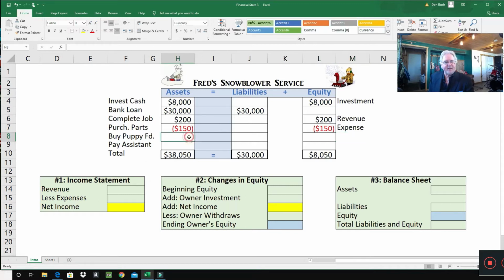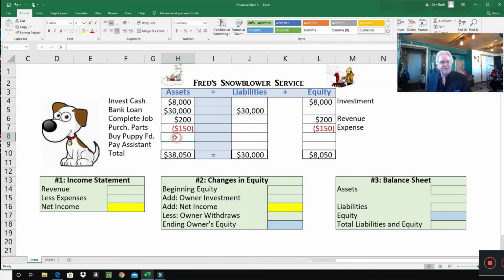Now Fred has a little puppy. He has a golden retriever, and he had to buy some puppy food. So Fred spent $25 on puppy food. Minus 25. Now Fred does not owe anybody for this puppy food, but he paid for it. And our accounting equation needs to balance.